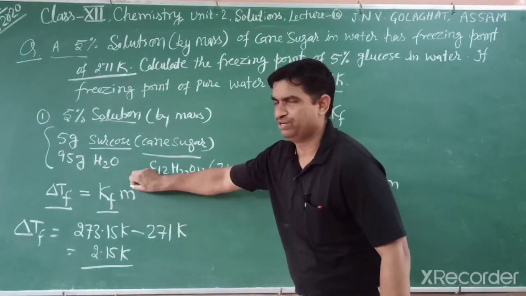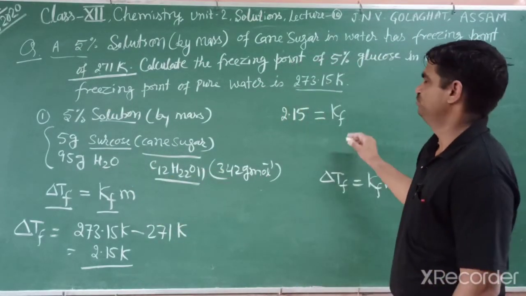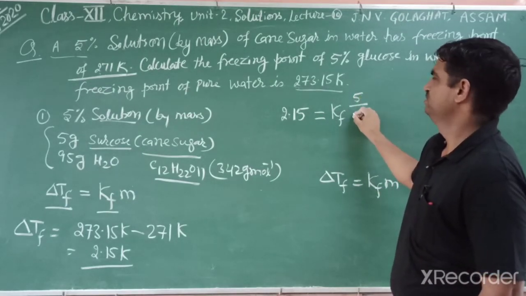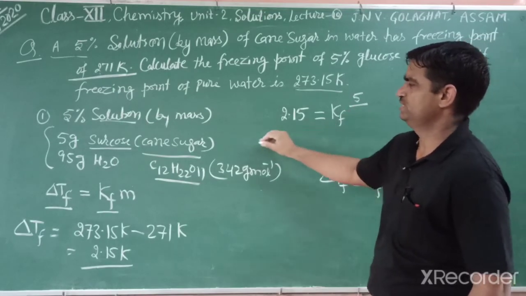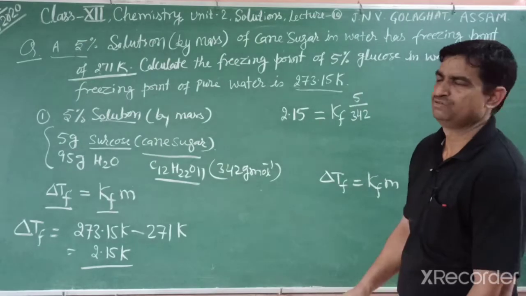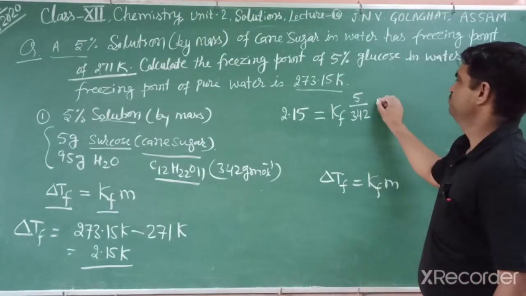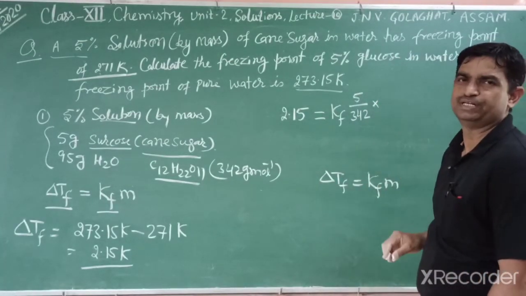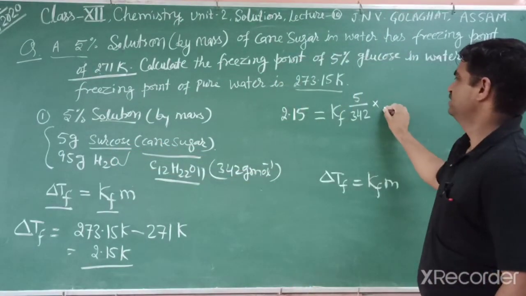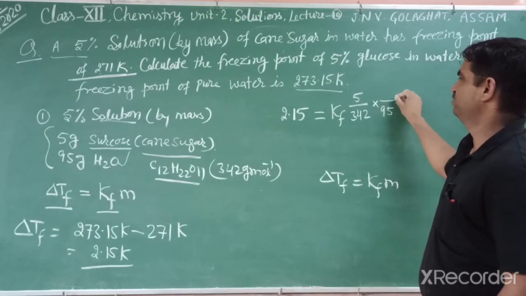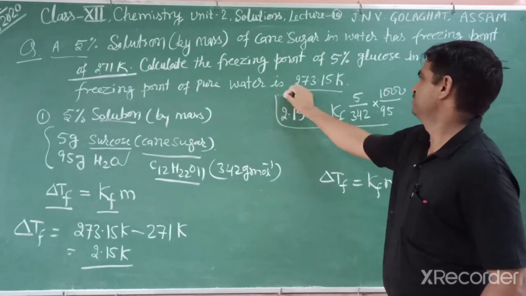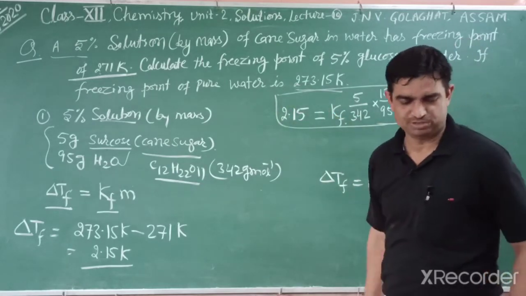How can we find molality? Moles of solute means 5 gram divided by molar mass 342, into weight of solvent, 95 gram, and we make it kilogram by 1000. This is the first numerical, for cane sugar.